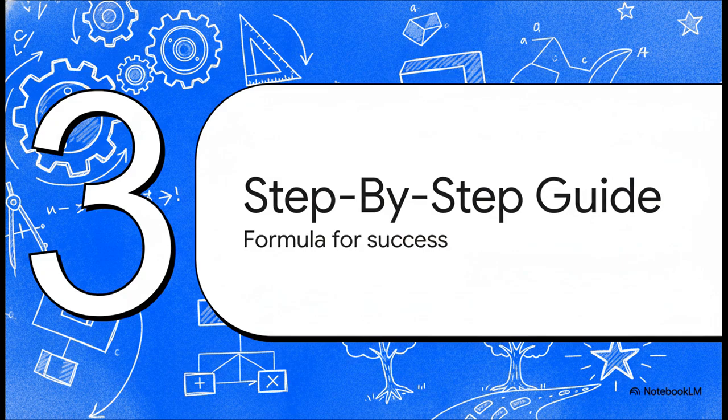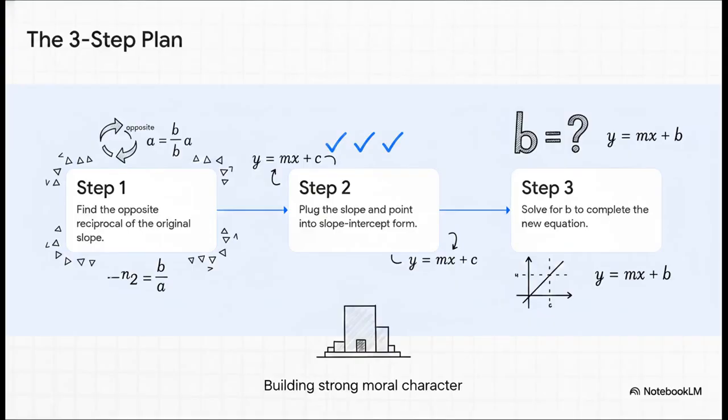Section 3. Step by step, finding the equation. A repeatable formula for success. Mathematical confidence really comes from having a reliable plan. So we are going to break down this abstract algebraic process into a rigid, repeatable formula. Here's the straightforward 3-step plan. Step 1, find the opposite reciprocal of the original slope, just like we practiced.